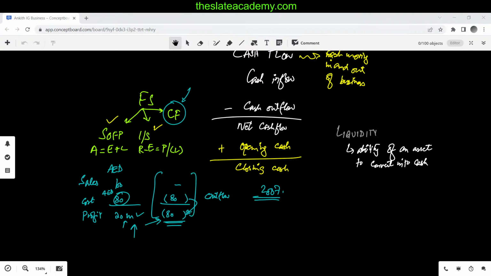Okay. So this liquidity we have understood, that liquidity of different items could be different. The other thing that we have to understand is overheads. So what are overheads? Overheads are operating expenses for a business.